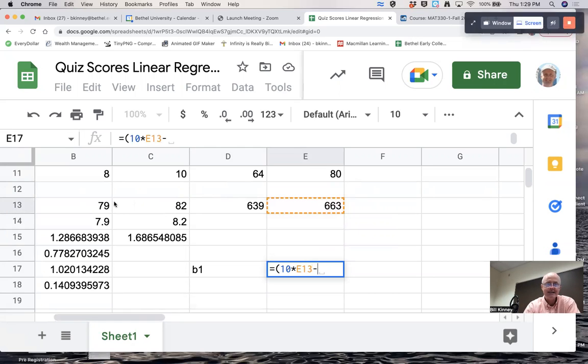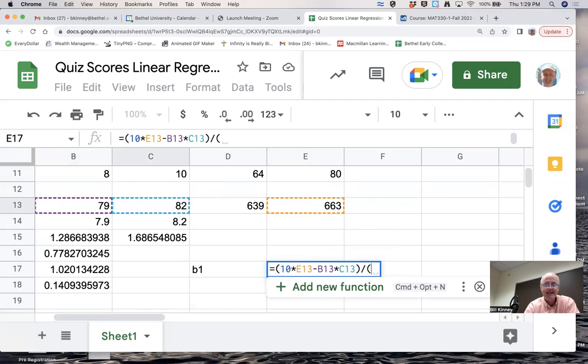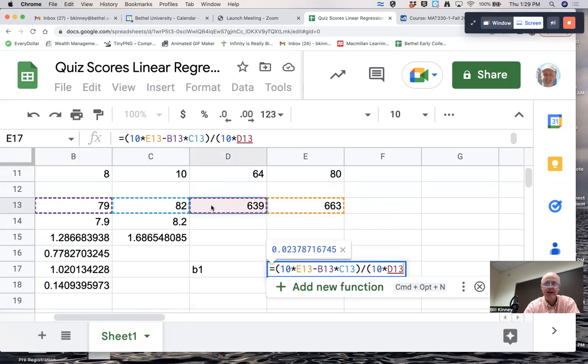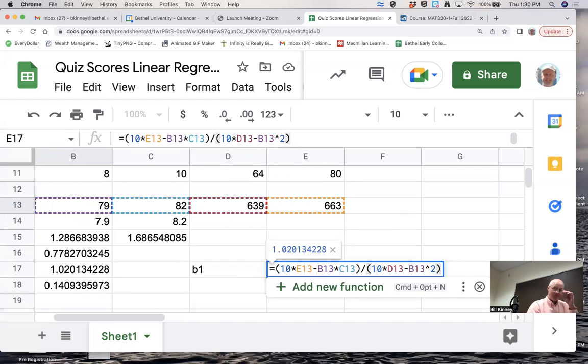Minus the sum of the x's times the sum of the y's. I'm going from memory here. Divided by n, 10, times the sum of the x squared values, minus the sum of the x's quantity squared. I know that was fast. It's the formula in the book, okay, with n equal to 10. That's what I'm using there. You can see 1.02, same answer.